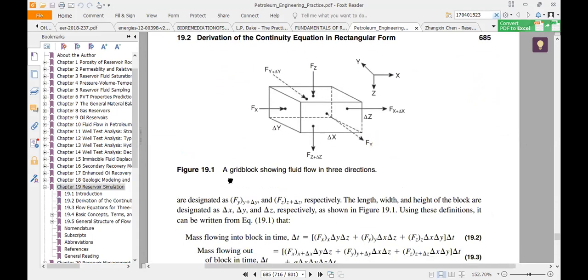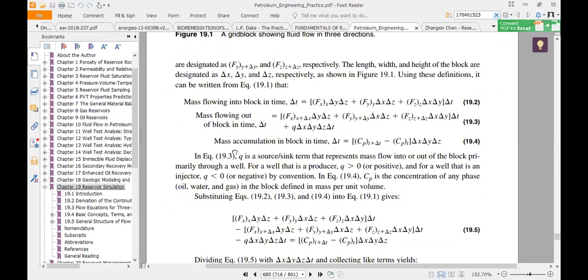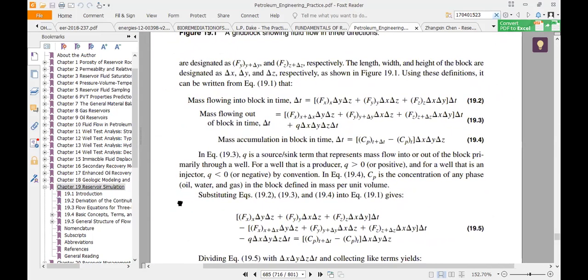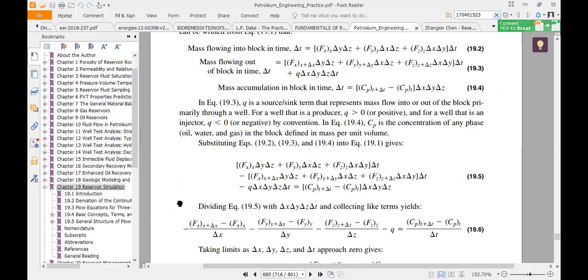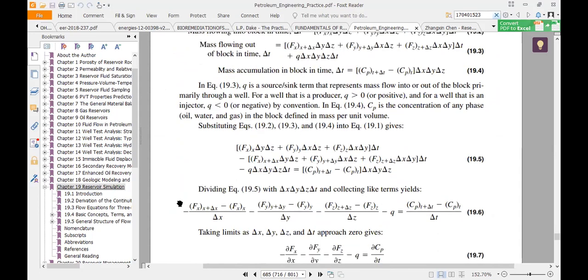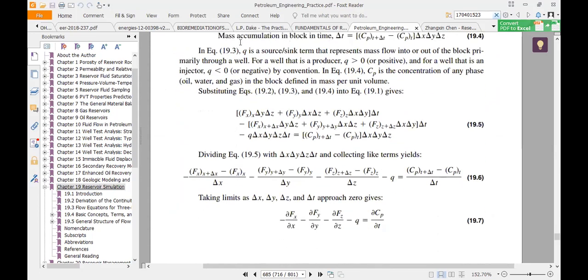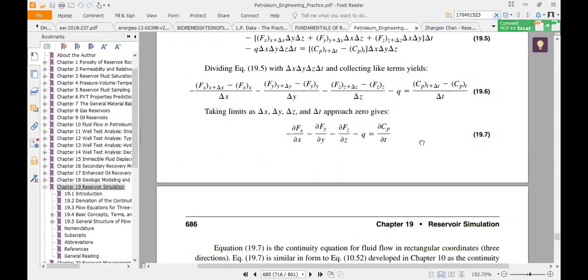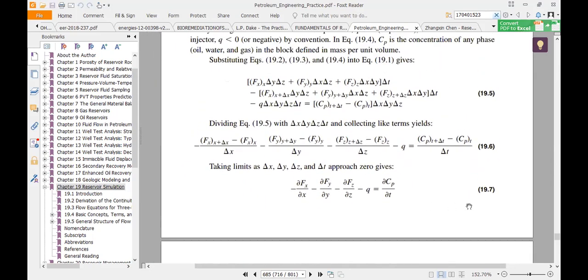If you follow the derivation critically, you would come up with a partial differential equation, and this is what you can see in equation 19.7. Let me highlight that.